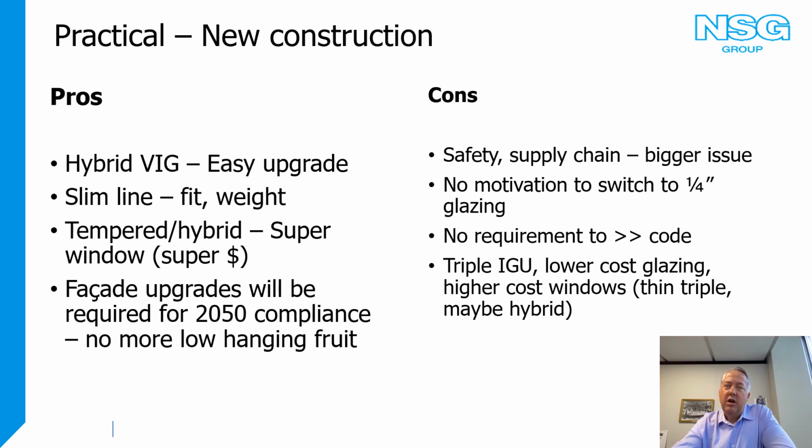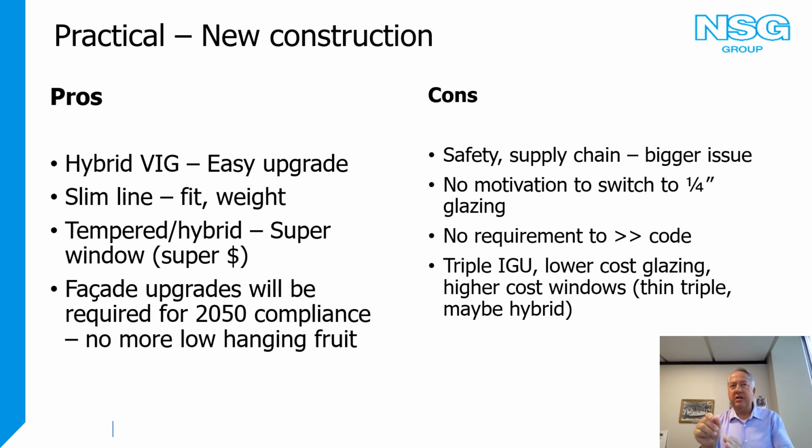And a lot of times there's not a big motivation to put in products that greatly exceed code, especially from a developer standpoint. If you're going to develop this building and sell it and it meets this amount, and the cost of the HVAC systems is a little bit more expensive to the occupant, it's not in the developer's interest to put in this super high performing product if they can't get it back in lease rates.